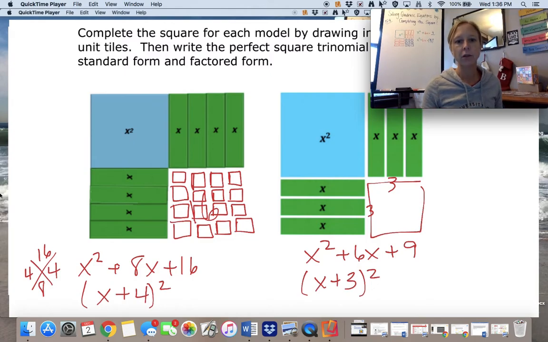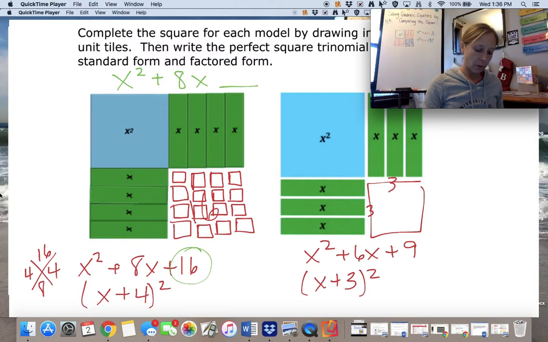Now the big question though is, how can I go from what I'm given? So what I'm given is x squared plus 8x. How can I just go from that expression to figuring out what needs to be added to complete the square? So what is that pattern we have between what we're given and what we add?